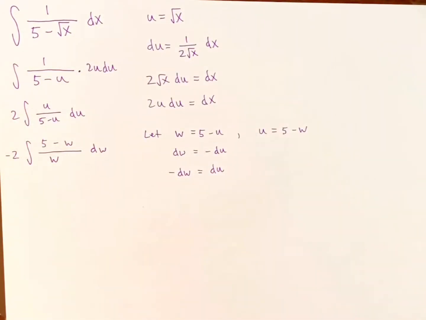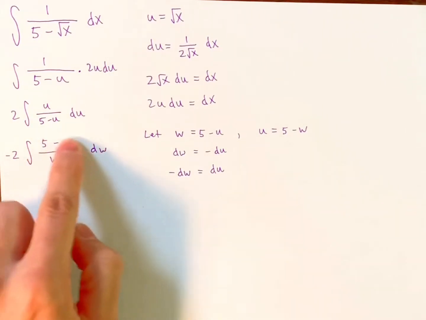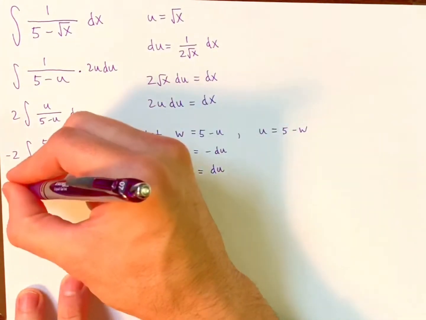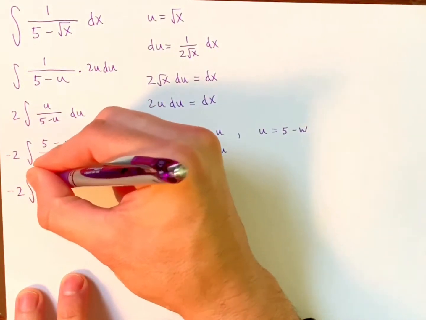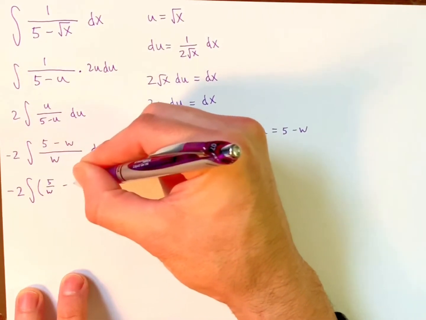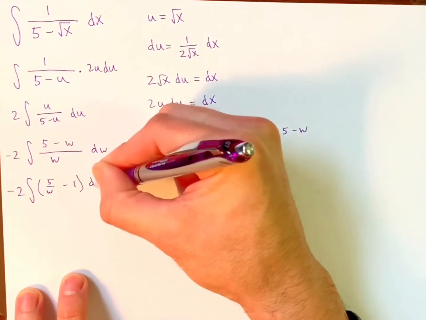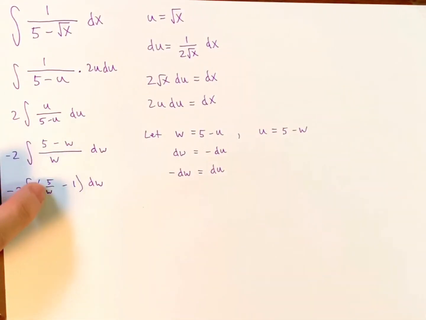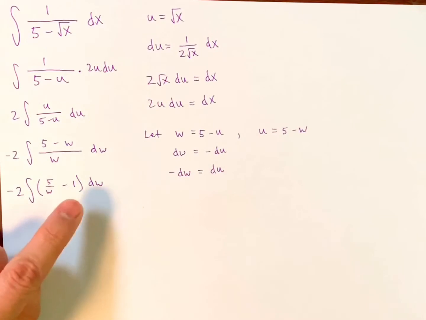So far, so good. Now what we can do is we can actually split up this ratio into the following. Yes, because this is over that is this, and then w over w is just 1.